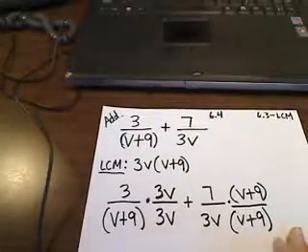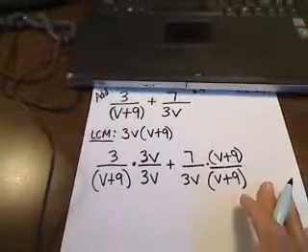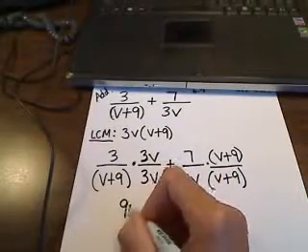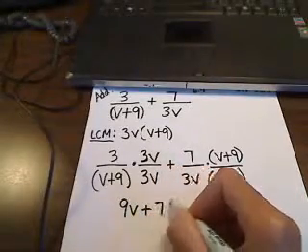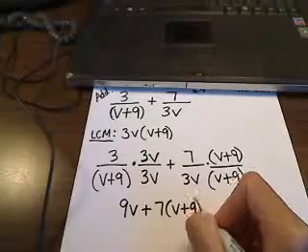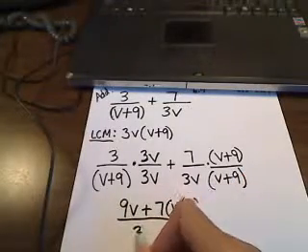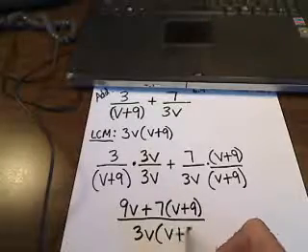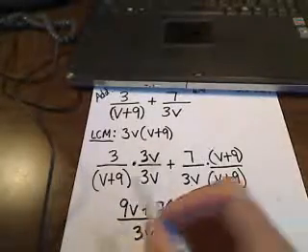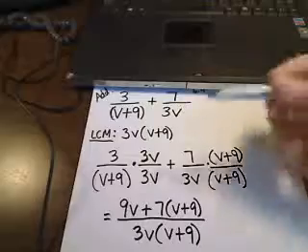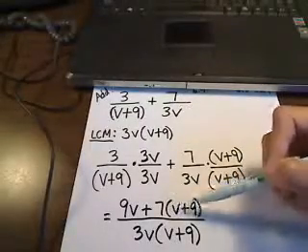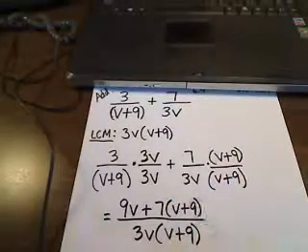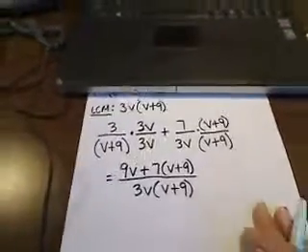I can bring the numerators together. So it's going to look like 9v plus 7 times this v plus 9, and that's all over the common denominator of 3v times v plus 9. Okay, so let's take the 7 here and distribute because we want to fully simplify this as much as we can in the numerator.